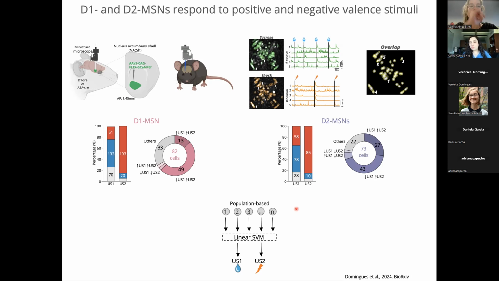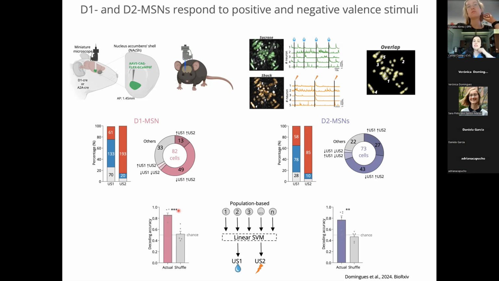What we extract out of this is the accuracy that this population has in being able to differentiate between a sucrose session and a foot shock session, for example.